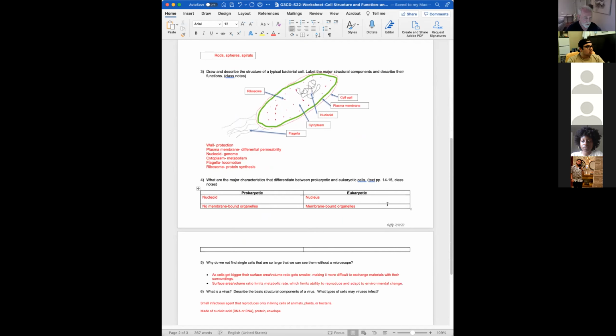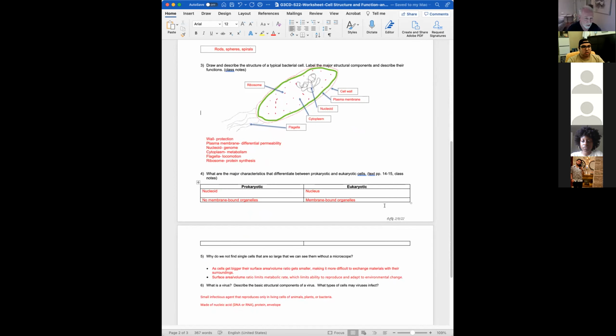Then the next one, again, you had to think a little bit about this. What's the difference between prokaryotes and eukaryotes? Well, prokaryotes have a nucleoid, eukaryotes a nucleus. Prokaryotes have no membrane-bound organelles, and eukaryotes have membrane-bound organelles.